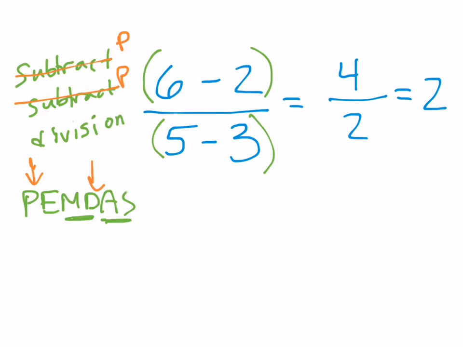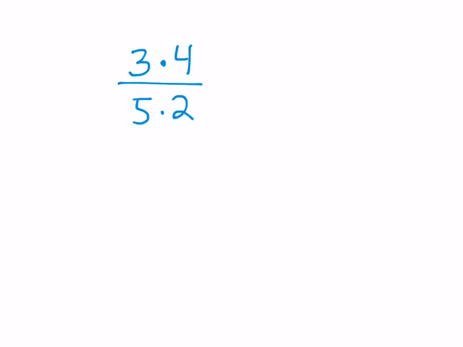So if you had something like 3 times 4 divided by 5 times 2, just be aware that you need to do 3 times 4 and 5 times 2 first, before you do that division, okay, but using order of operations.